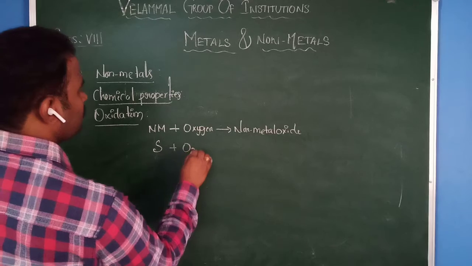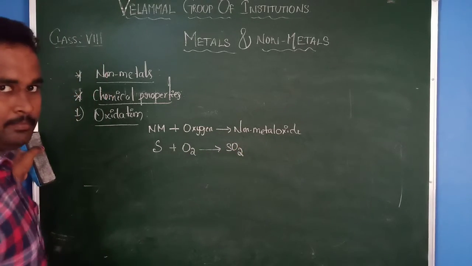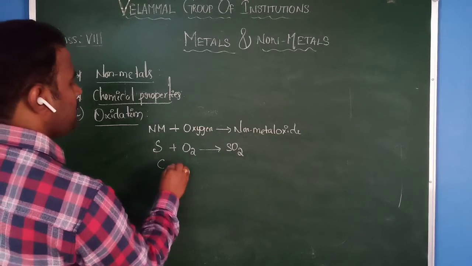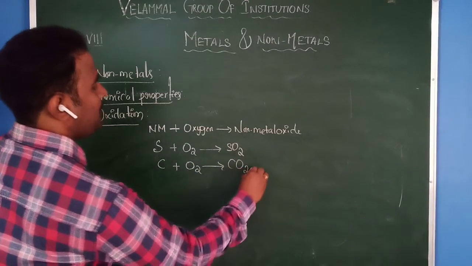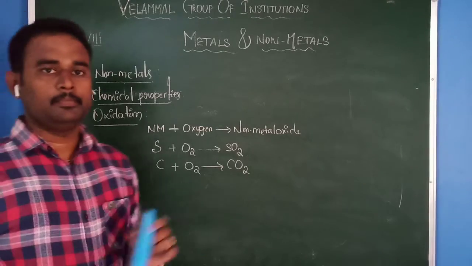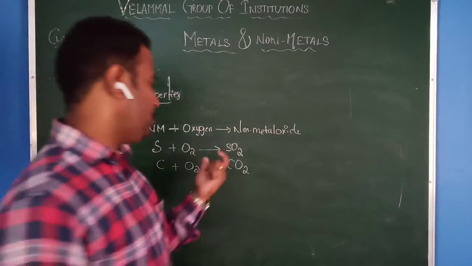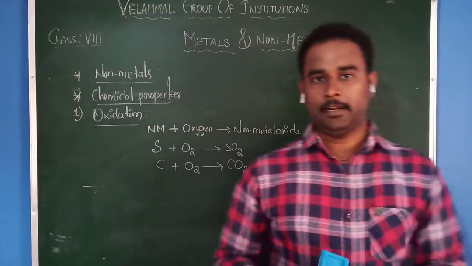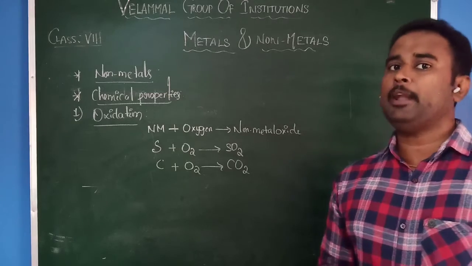Let us take sulfur plus oxygen gives rise to sulfur dioxide. Carbon plus oxygen gives rise to carbon dioxide. That means when sulfur reacts with oxygen it produces sulfur dioxide, and carbon reacts with oxygen to produce carbon dioxide.